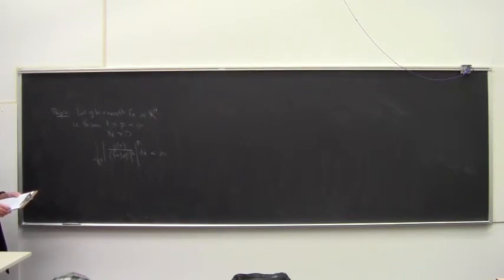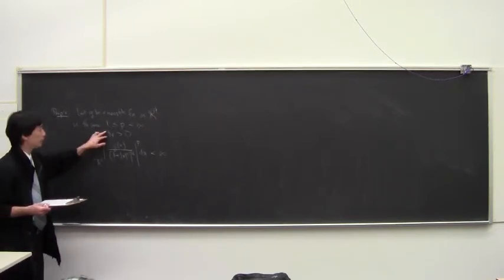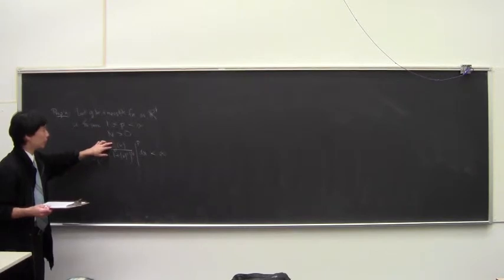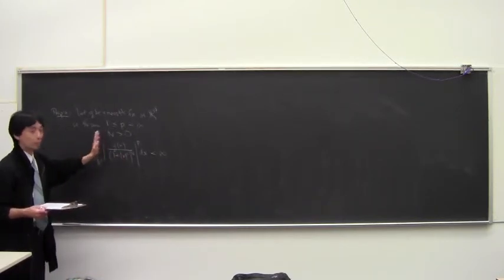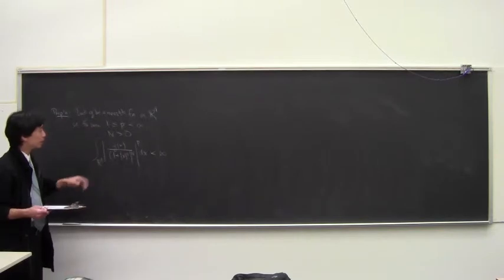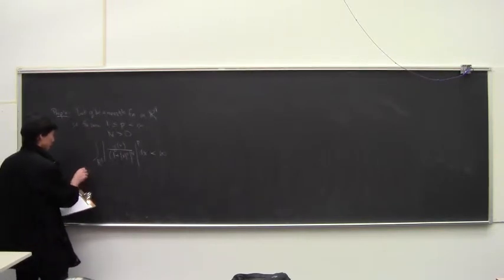So if there is some power of n so that if we divide g by this thing, we can make this finite, then g is a temperate distribution.